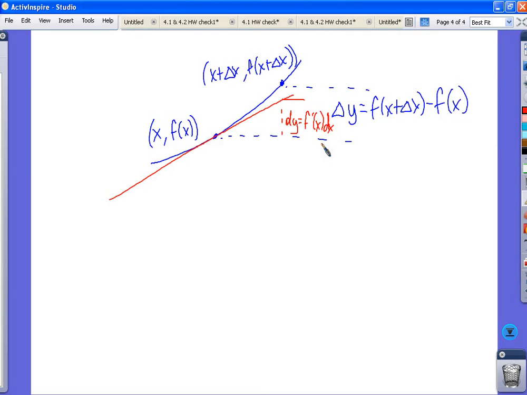And we can see even just by this picture that delta y, as long as dx is very small, which it is, that's why we write a little d like that, is very close to f prime of x dx.